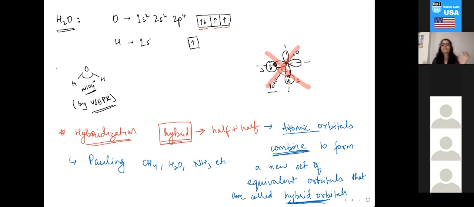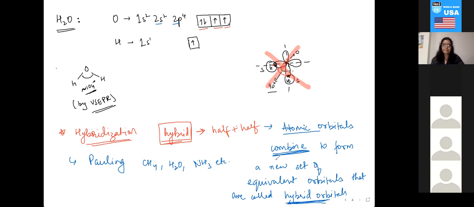Depending on all of these, the atomic orbitals of S and P combine to form a new set of orbitals. Imagine you're blending the existing atomic orbitals and redistributing them into 4 different classes. So you get a new set of equivalent orbitals, and those new orbitals are called hybrid orbitals.